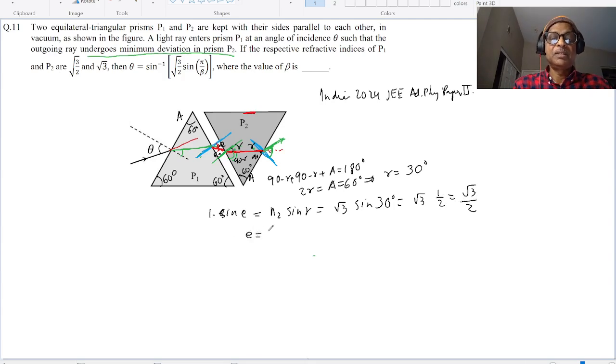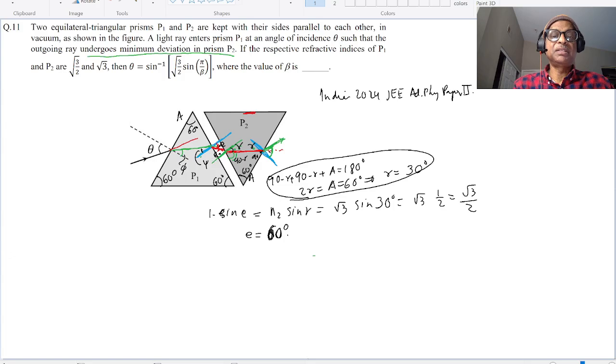So E is going to be 60 degrees. From E, let's call this angle psi and that one phi. Same kind of logic as this, we'll connect phi to psi, but right now let's get psi.